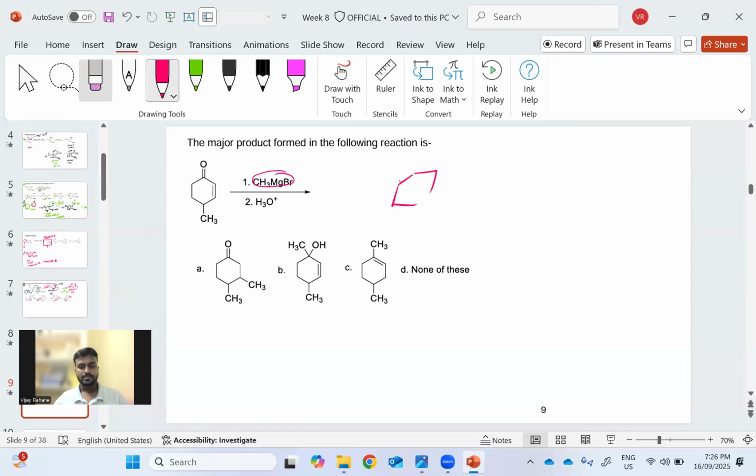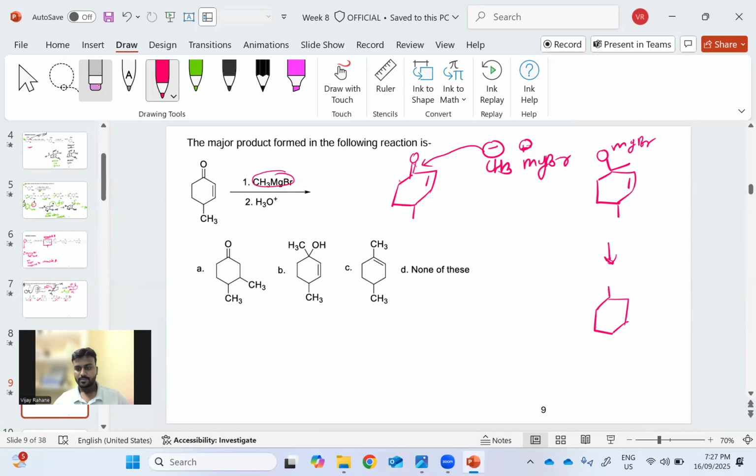So upon addition of this CH3 negative and Mg positive, this CH3 negative attacks directly on this carbonyl center, and we get the intermediate CH3 O, and further upon hydrolysis, upon workup, it gets converted into the OH.